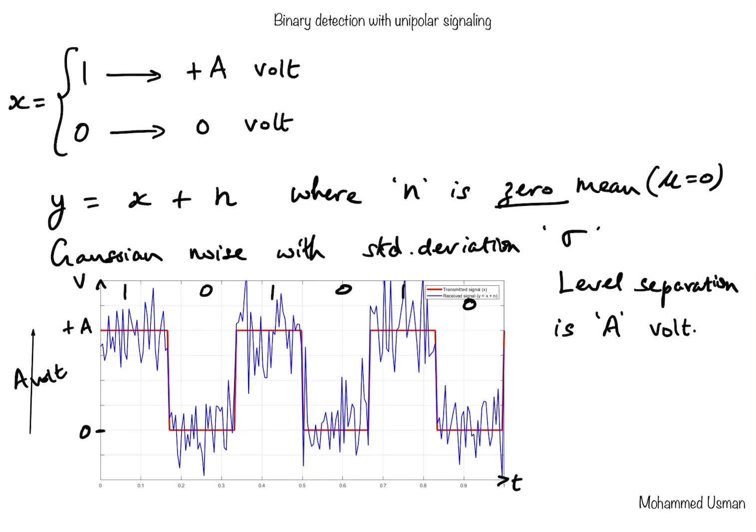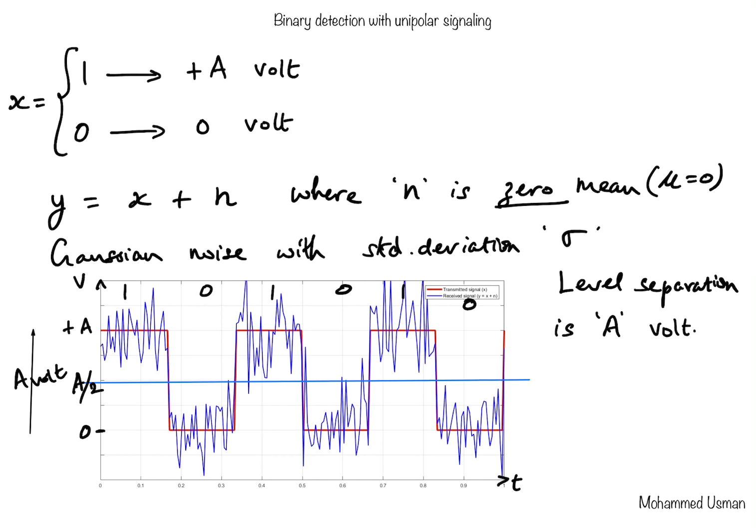Let me draw it a bit neater. So that could be our threshold, which should be halfway between the voltage levels of 0 and A. So if we have this as A by 2, we can use this as a basic rule to decide whether the received signal is representing a 1 or a 0.